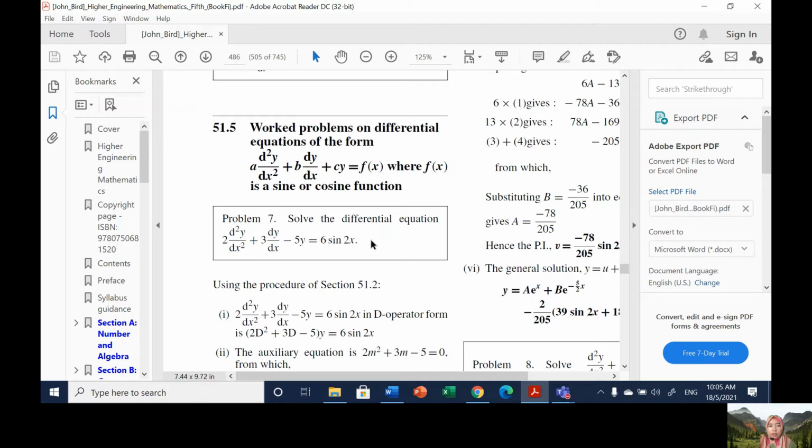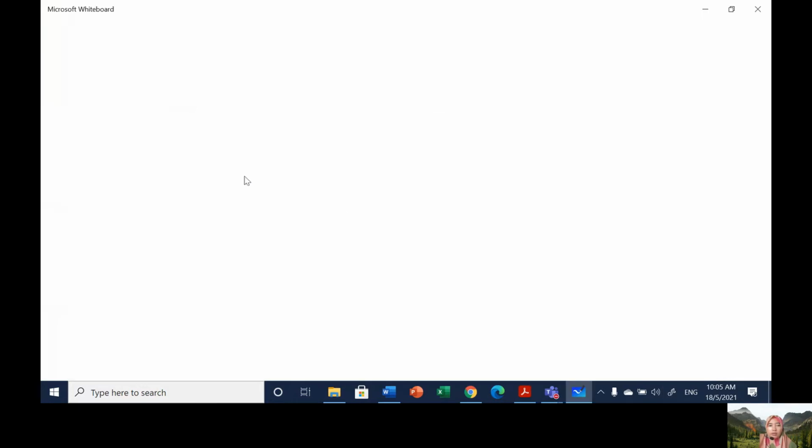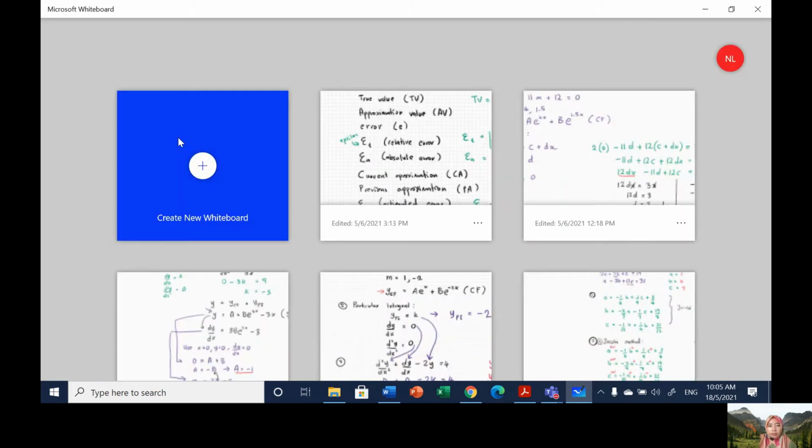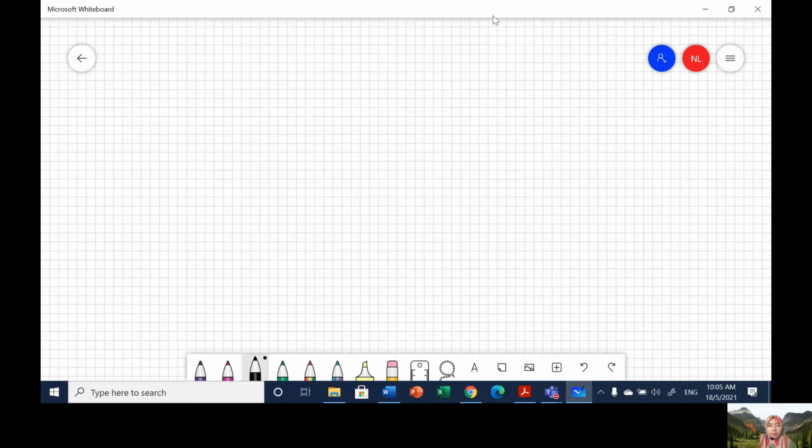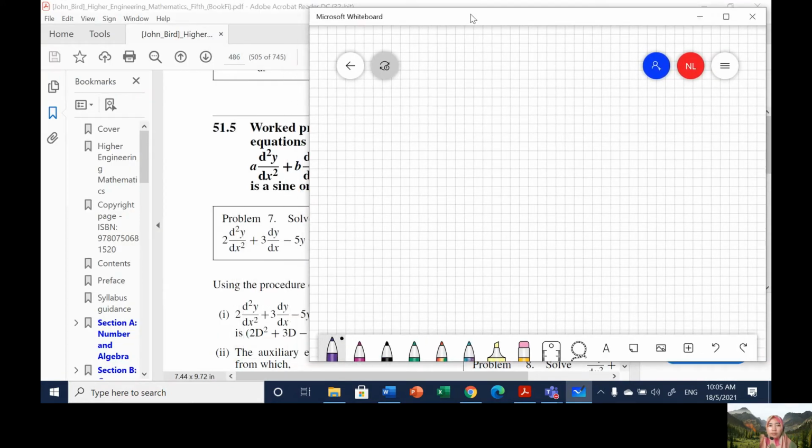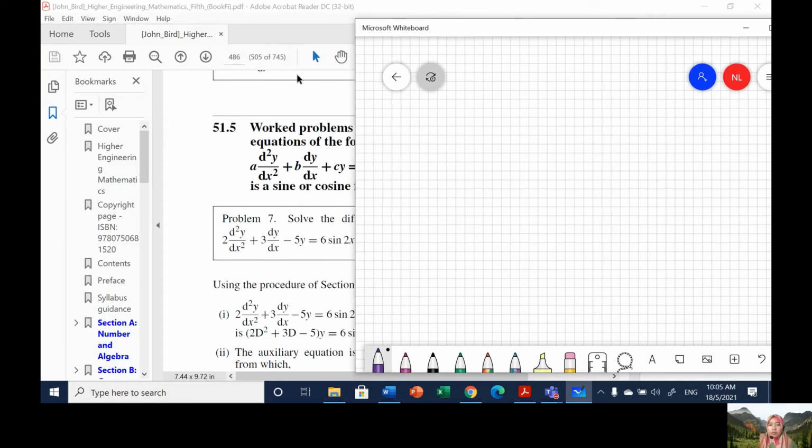You can see that on the right hand side of the equation in problem number 7, there is a trigo function in terms of sine. I'm going to write the ODE on the whiteboard here.